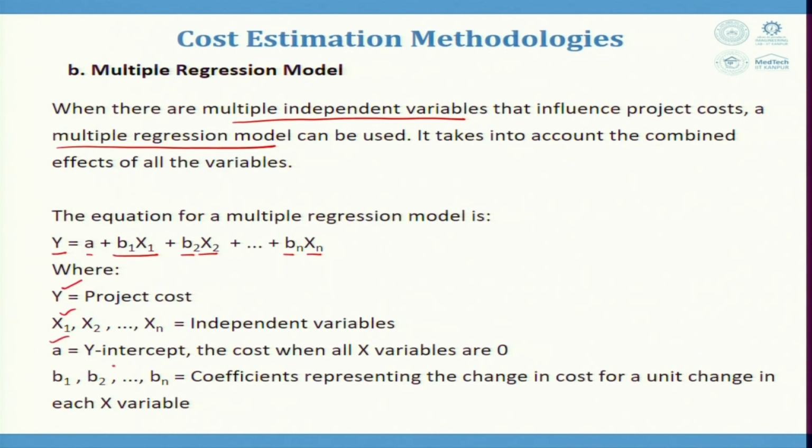A is again the y intercept, that is the cost when the x variables are 0, and b1, b2, so on up to bn are the coefficients representing the change in cost for a unit change of each respective x variable.